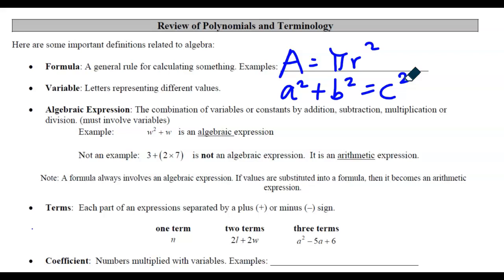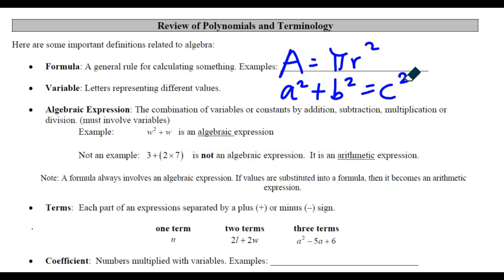They can be varied. An algebraic expression doesn't have an equal sign. It's just an expression that's a combination of variables or constants, and you're either adding, subtracting, multiplying, or dividing, and there must be variables in it. So the example there is w squared plus w. That's an algebraic expression because we have the variables.